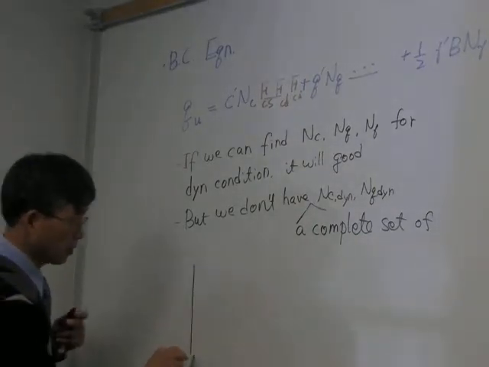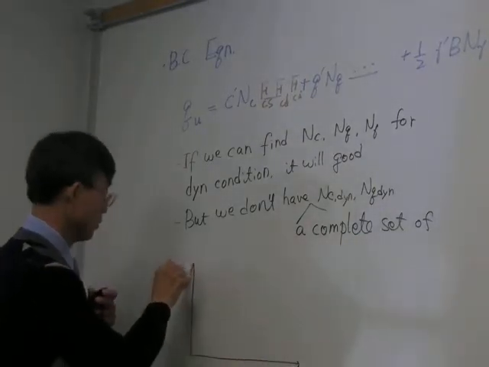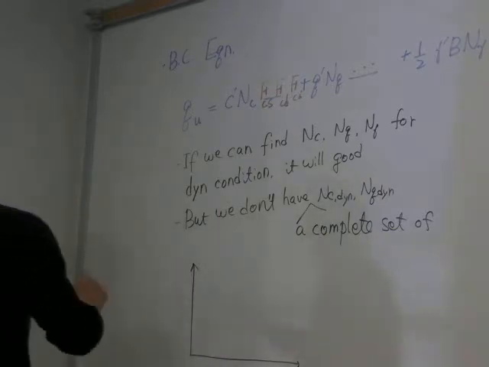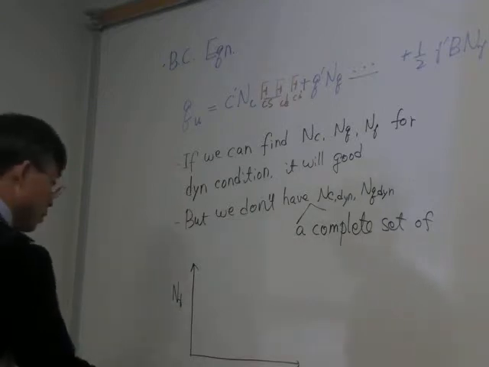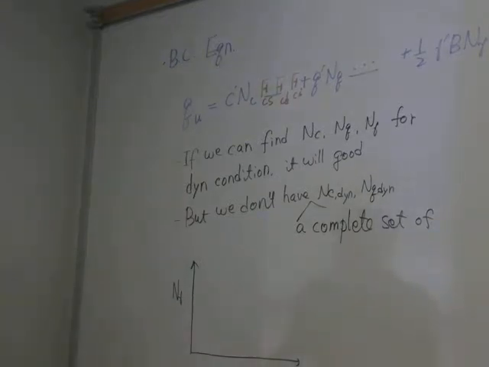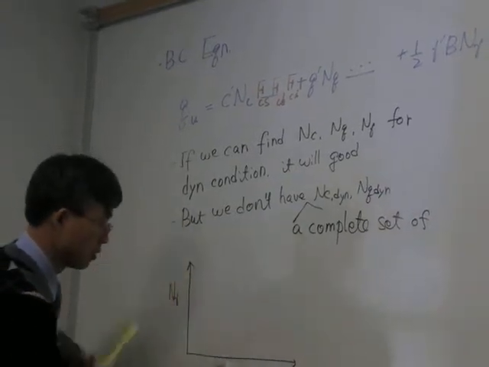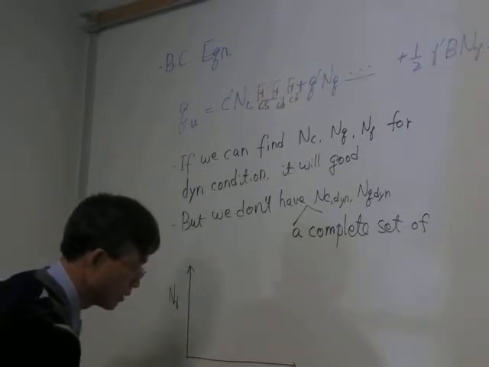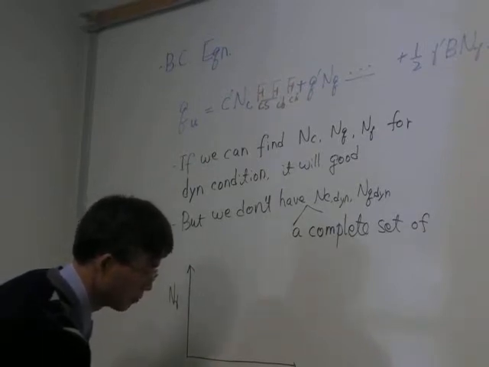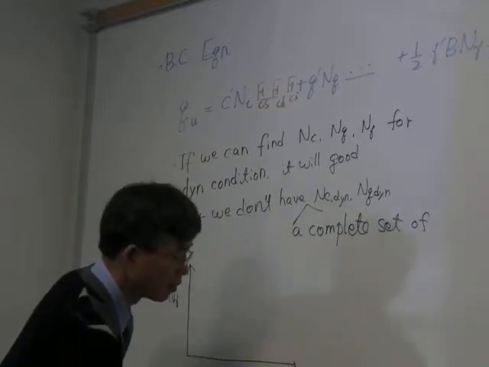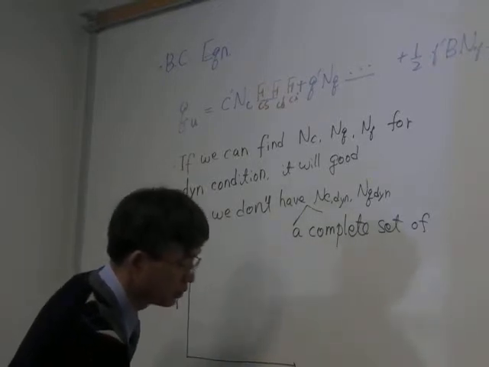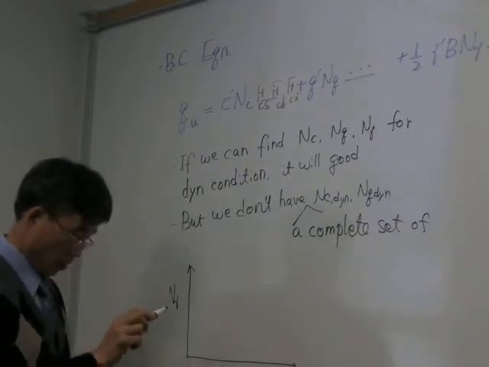because typically what may happen is, so this one is N sub gamma, this one is loading velocity, inch per second.